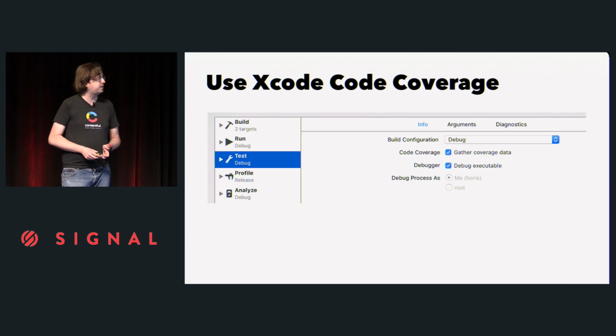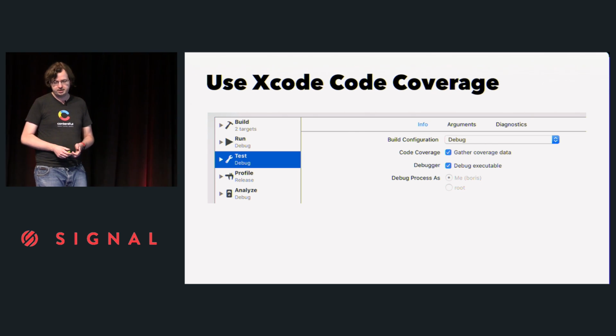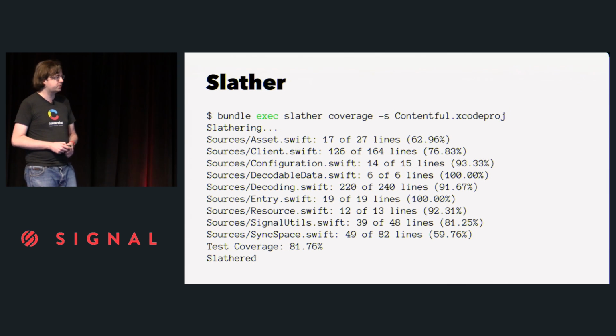Another thing we can use when we do testing is Xcode code coverage. It's actually really easy to use since last year with Xcode 7. You basically go into your testing scheme, and there is a single checkbox you tick, which is gather coverage data, and you already have code coverage for your tests. If you want to create reports or run those things on CI, there's a Ruby gem called Slather that you can install, and that will basically work on the code coverage data that you produce from Xcode.